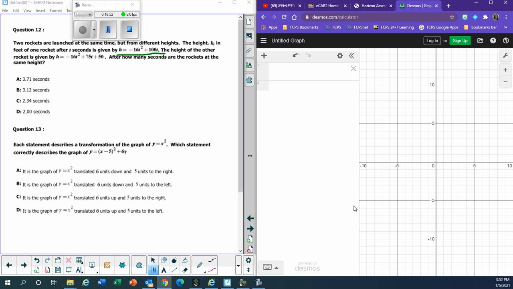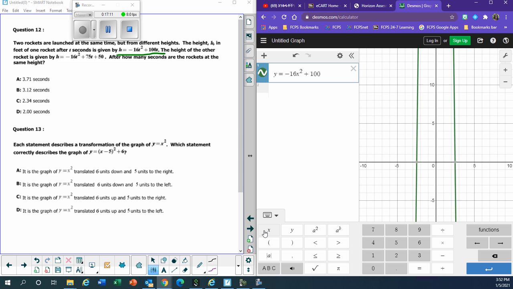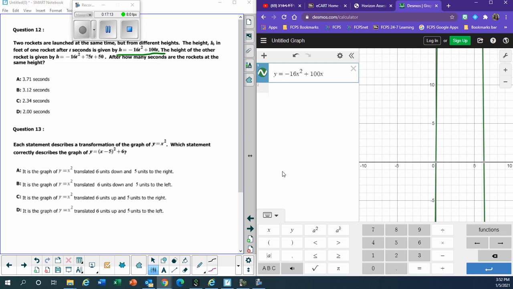So my h, I'm going to make it y. So I'm going to write it as y equals negative 16x squared, because I can't pick t in Desmos, plus 100x. That's one equation. The second equation, so the question is, the height of the other rocket is given.